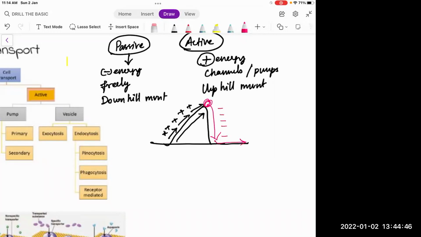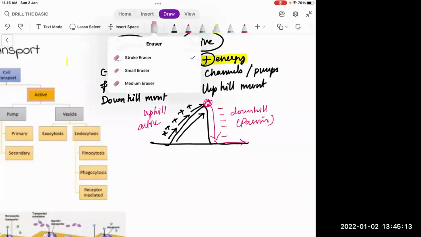He can just sit happily and hold the cycle. So that is called downhill movement, the passive movement. But uphill movement, active movement, requires energy. This is the classic example given for active transport and passive transport.